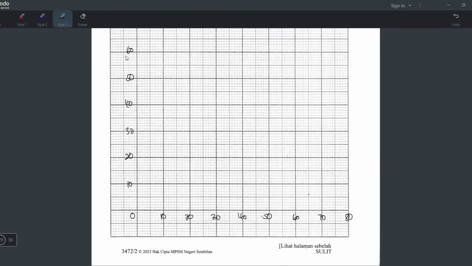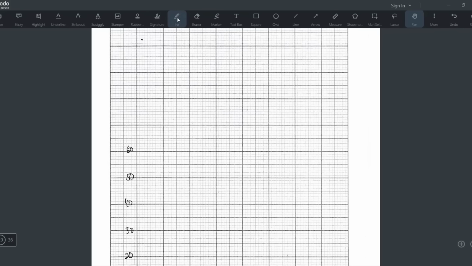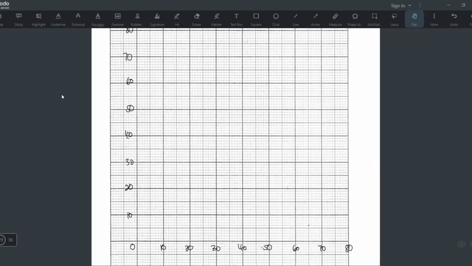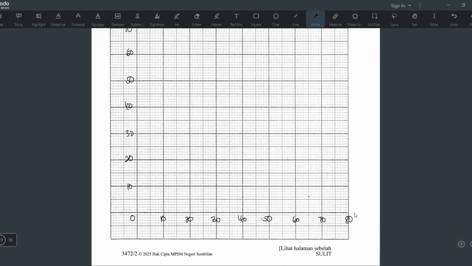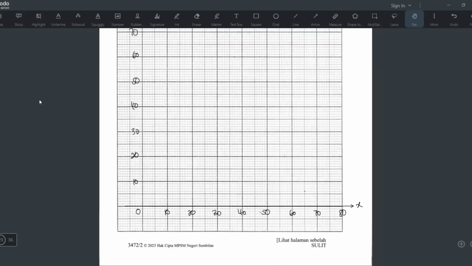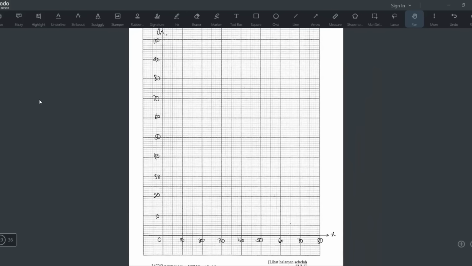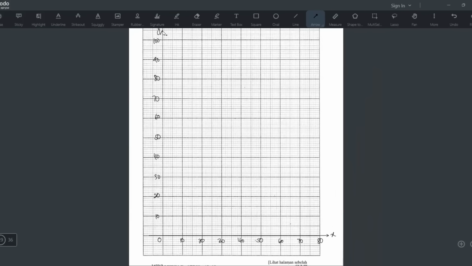This one you have to go until 100. So 70, 80, 90, 100. 10 boxes. So this one is the y, and this one is the x. So write x here, and the other one write y. Okay, this is the axes.